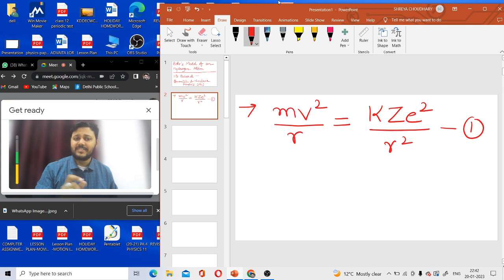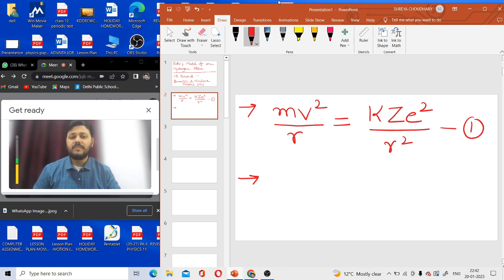This equation has come from Bohr's first postulate. Now let's go for the second postulate. Bohr said that the electron will be revolving in those orbits only which are non-radiating in nature.